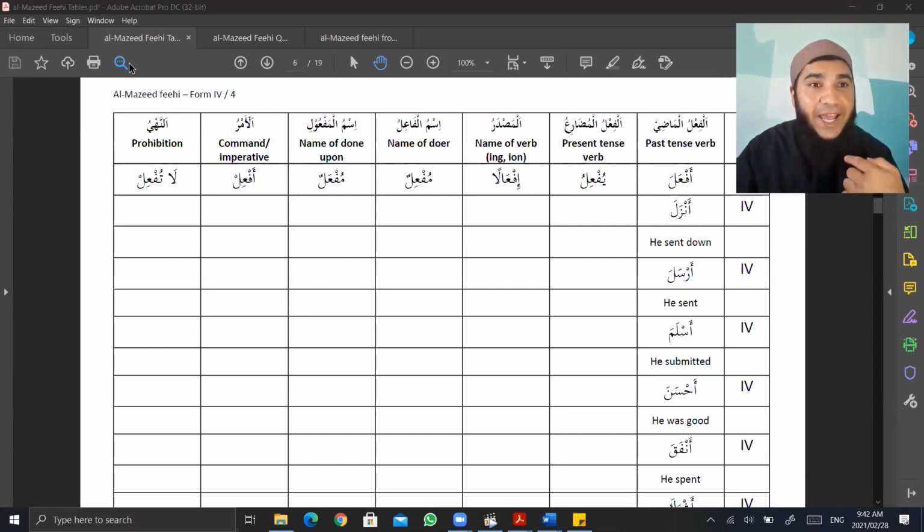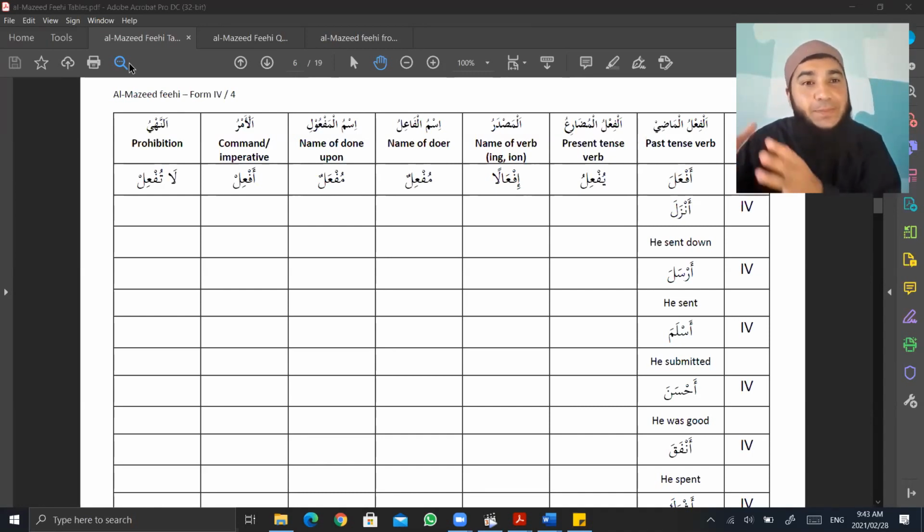What's the only difference? The harakat. There's only one haraka difference. The one ends with a fatha, and that's this fourth bab, and the first bab ends with a dhamma. But that's present tense. This here is the past tense, has that hamza in it.